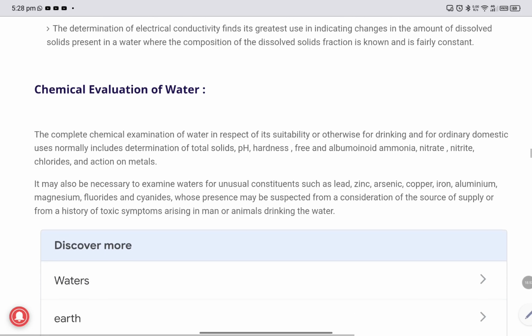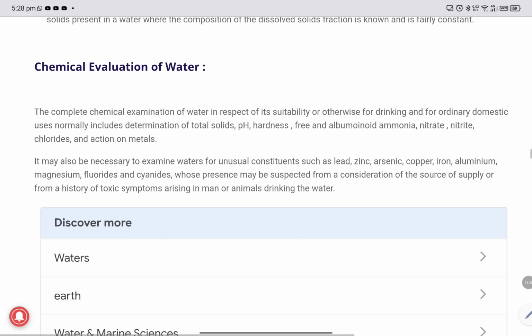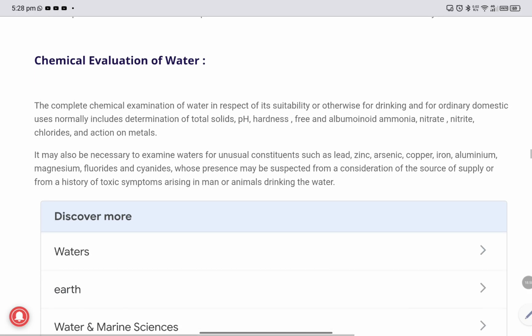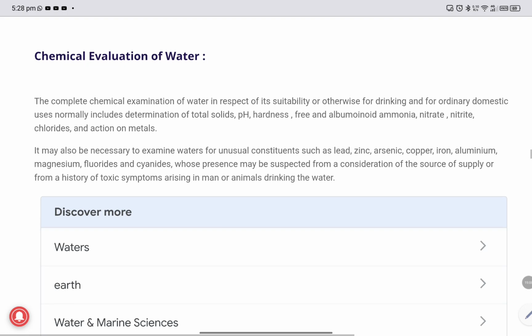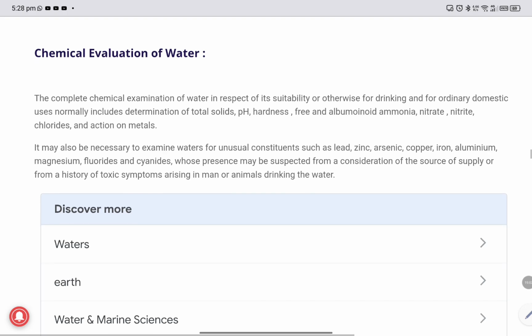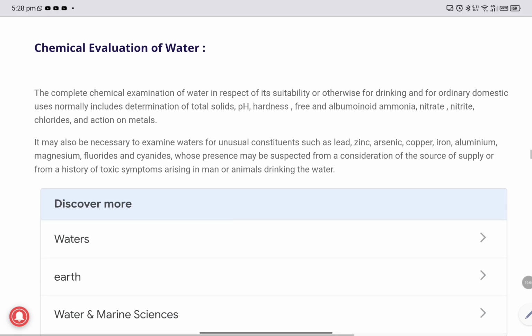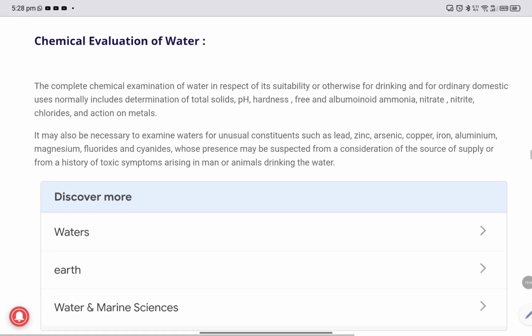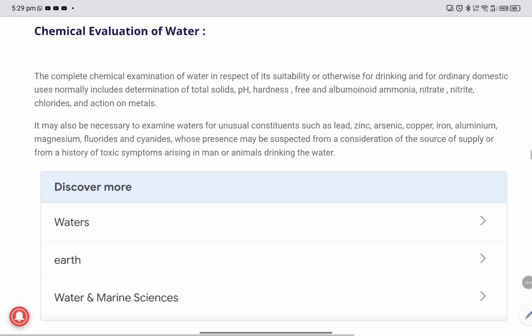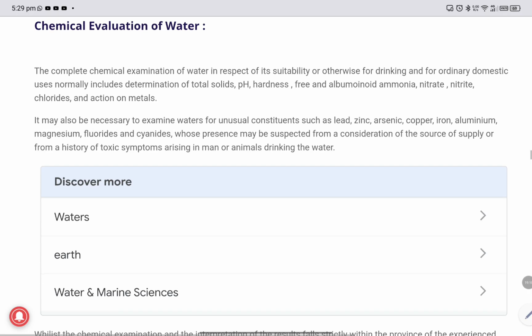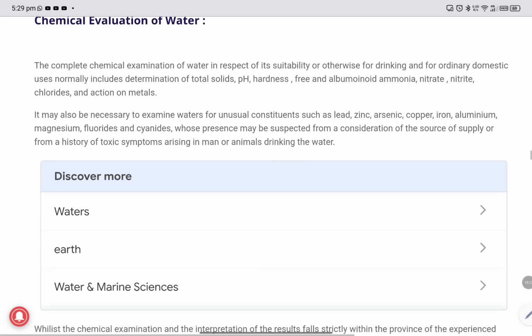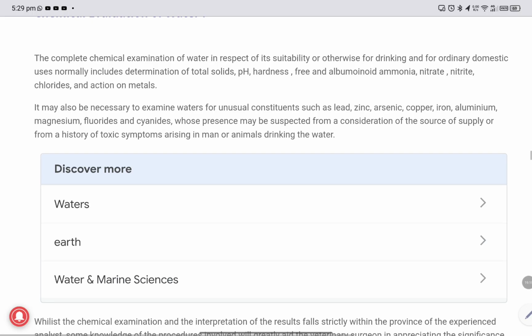Chemical evaluation of water. The complete chemical examination of water in respect of its suitability or otherwise for drinking and for ordinary domestic use normally includes determination of total solids, pH, hardness, free and albuminoid ammonia, nitrate, nitrite, chloride, and action of water on metal.